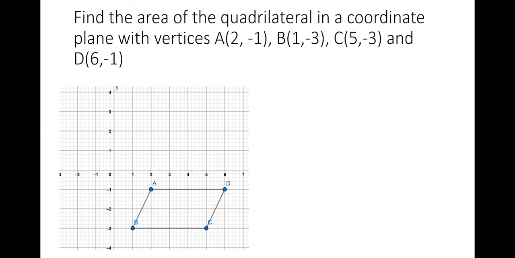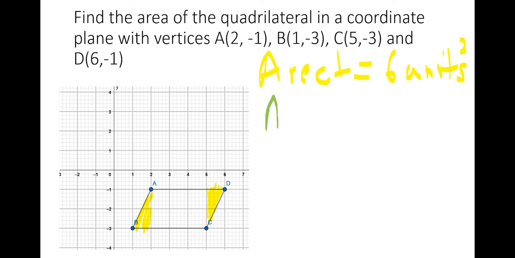So the area of the rectangle from the previous was 6 square units, and we have the triangles. The area of the one triangle was 1 square unit.